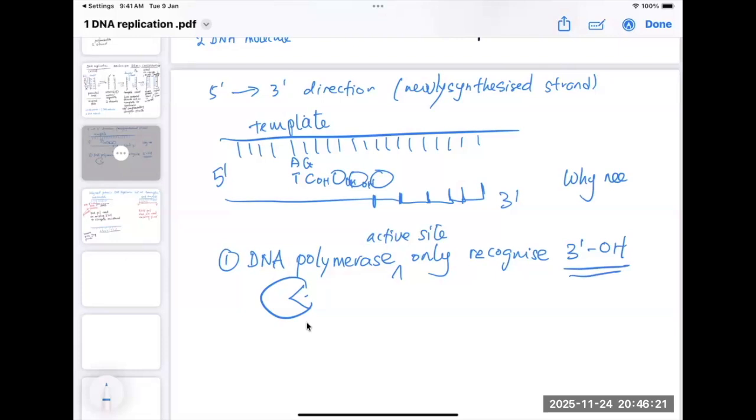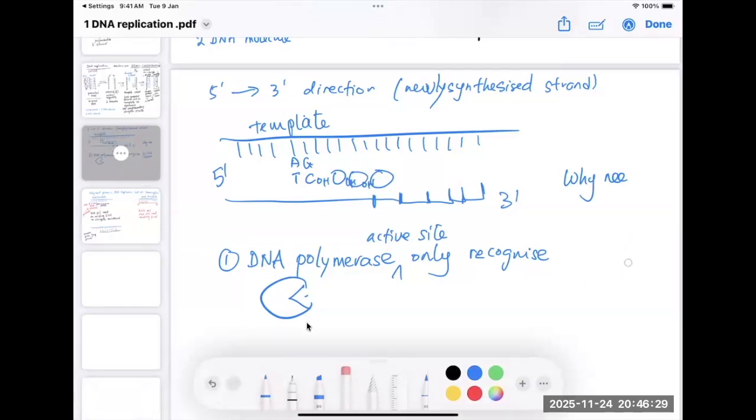Otherwise it cannot bind. So the active site actually recognizes and then binds. So that's why we use the words recognize and bind to the existing 3' OH on the new strand.